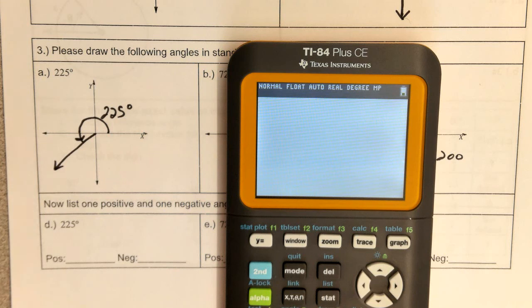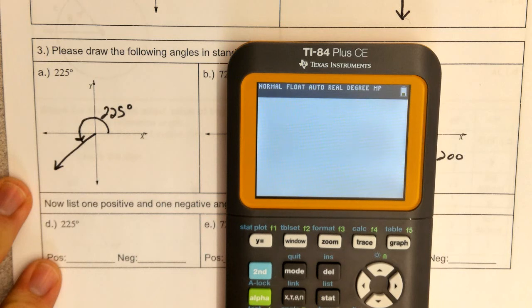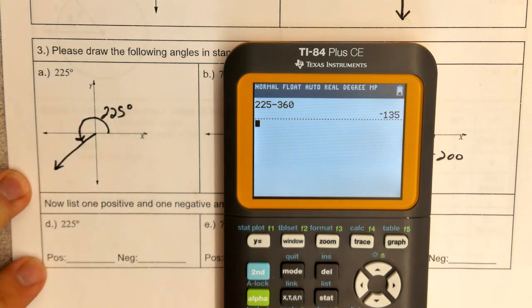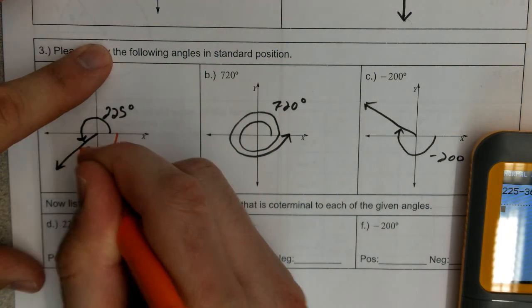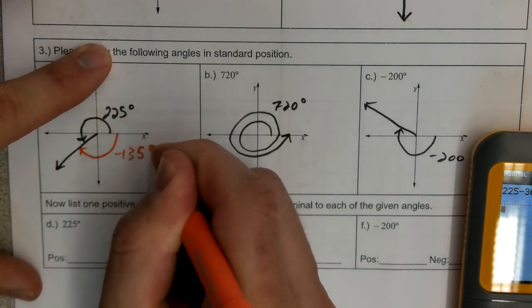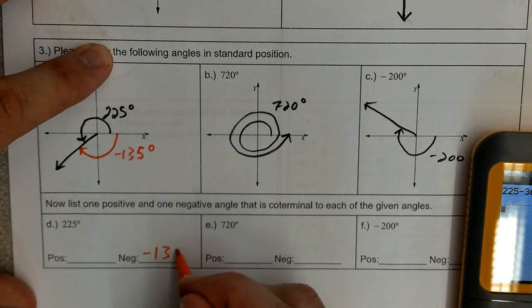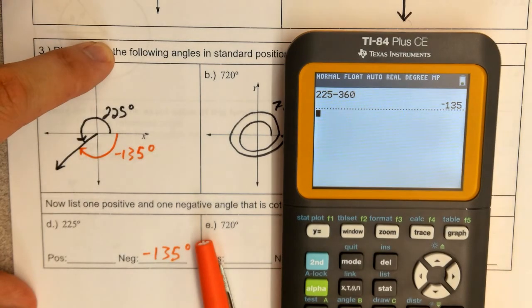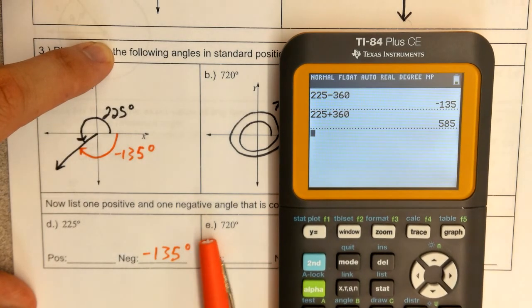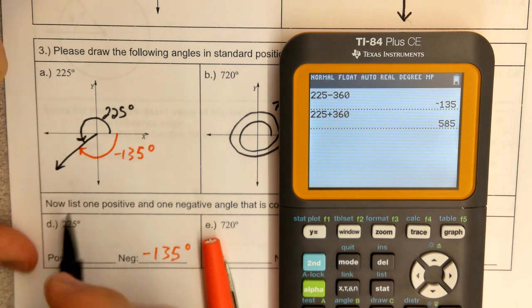That's adding or subtracting a full circle, and so that's going to land you in exactly the same place. So if I take 225 and subtract 360, I get negative 135. That is this angle right here. So that gives you a coterminal angle. For a positive one, we would just take 225 and add 360. So I get 585.